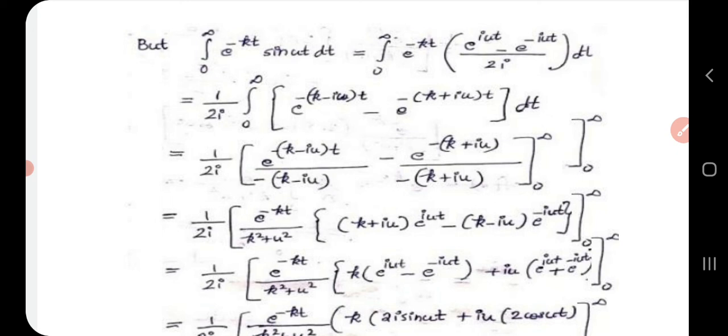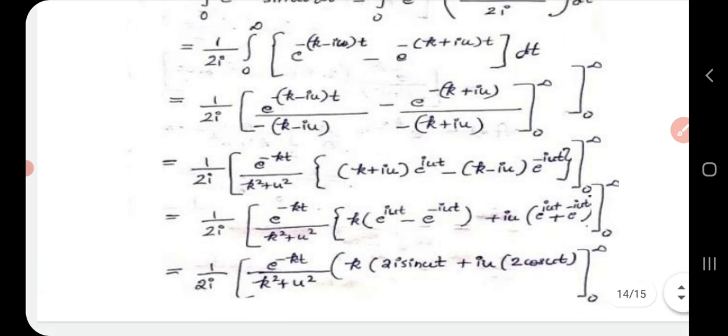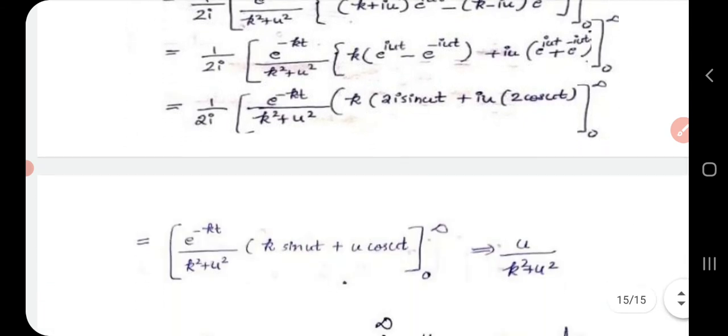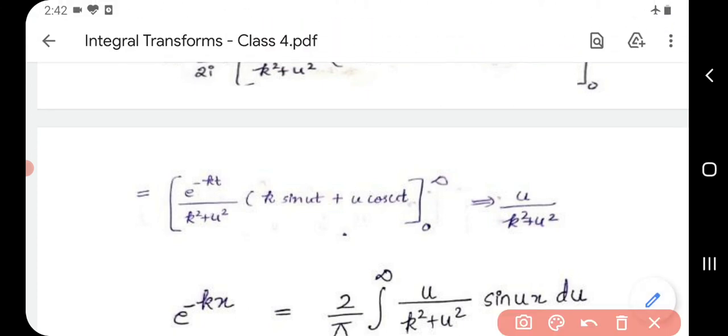Because this is just integration, we can reach the answer in any way that you do. So first you try to do the integration by yourself. If you are not getting, then you follow my steps. Okay, so this I have written in an elaborate way. Okay, and finally everything is the same. Here see, in the above case you got it as k by k square plus u square. Here it is u by k square plus u square.